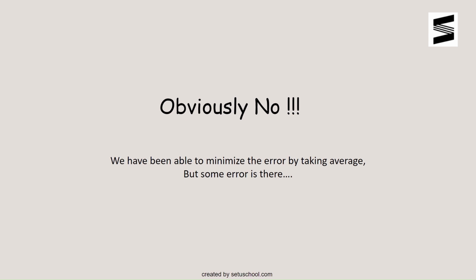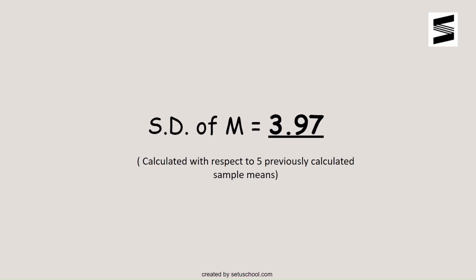Thus, we statisticians prefer to derive a possible interval in which the population mean may exist. So, we calculate the standard deviation of this mean of means with respect to the data set of 5 sample means which we calculated earlier.